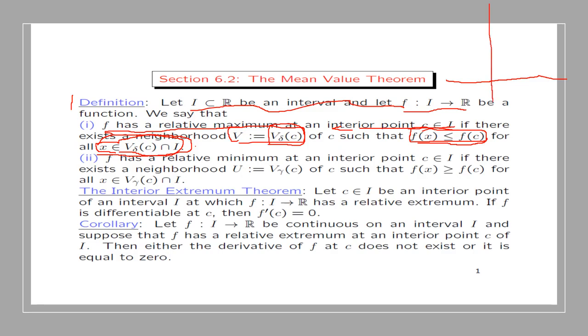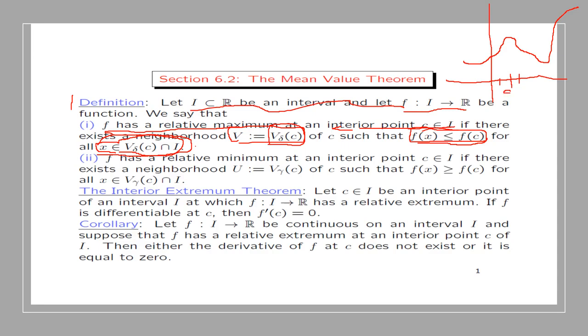So let's assume maybe this is your function, something like this. For example, let's assume that's a graph of the function f. Assume this is your point C. Then I can find a neighborhood here, call it a delta neighborhood.